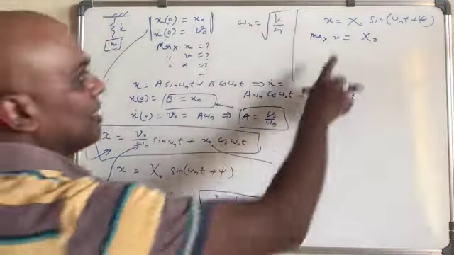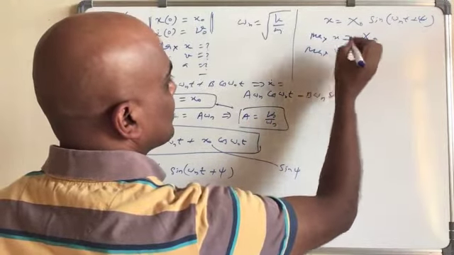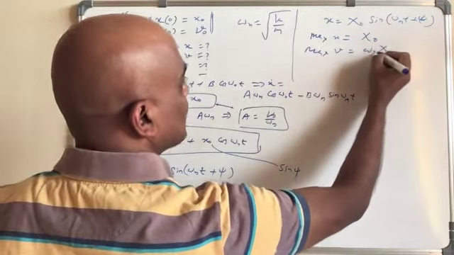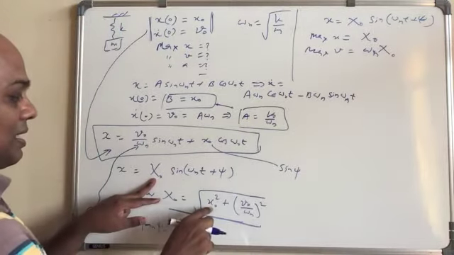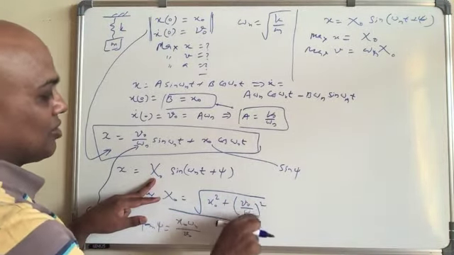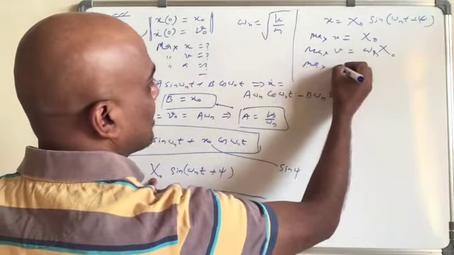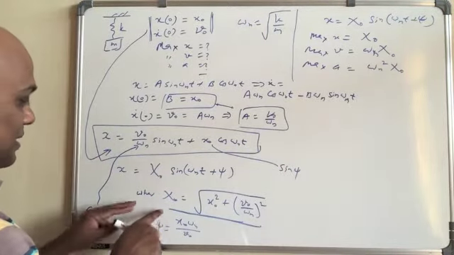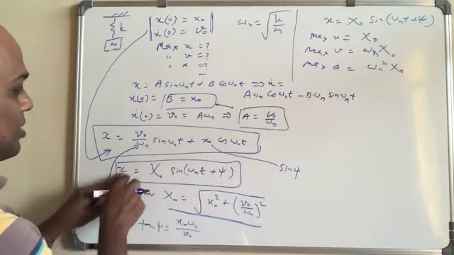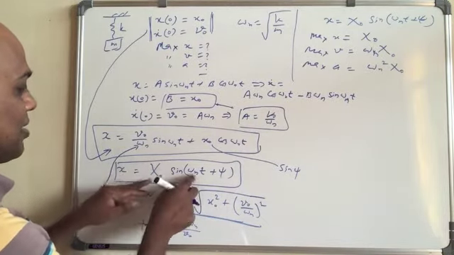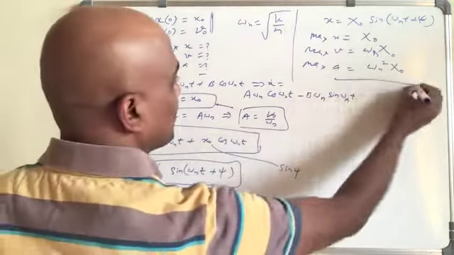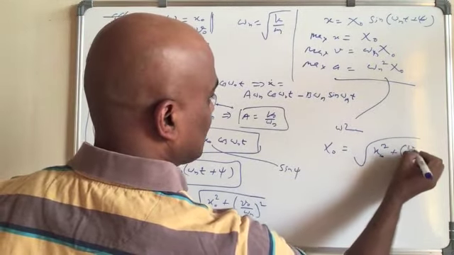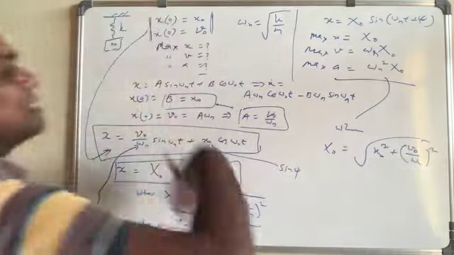The maximum velocity will be omega n times big X, and the maximum acceleration will be omega n square times big X. How? This is x, so x dot has omega n coming in, and x double dot has omega n square coming in, where big X equals root of x naught square plus v naught over omega n whole square. That's it. So this is general purpose.